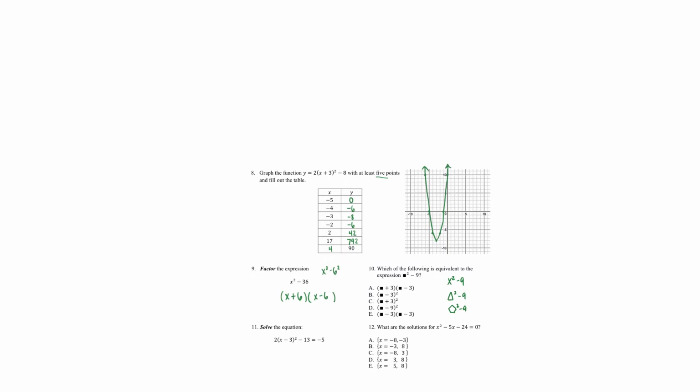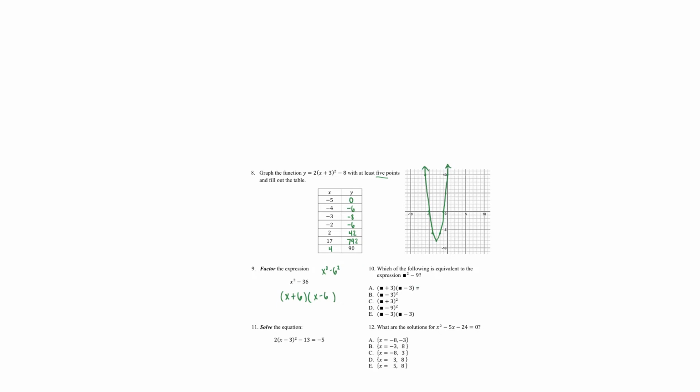So really what we need to answer is if we look at some of these expressions down here and multiply them out, let's see what we get. Okay? So I'm going to do this first one here. Box plus 3 times box minus 3. Let's multiply all these out and see which ones are equivalent to box squared minus 9.